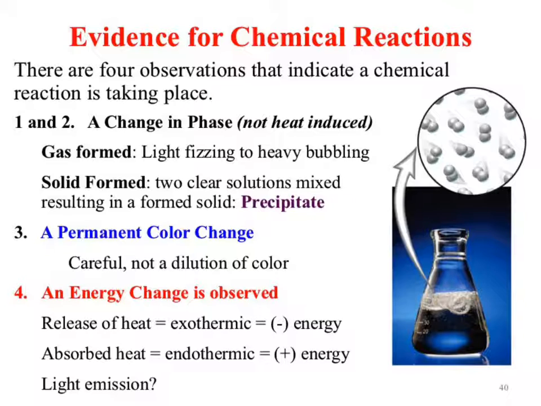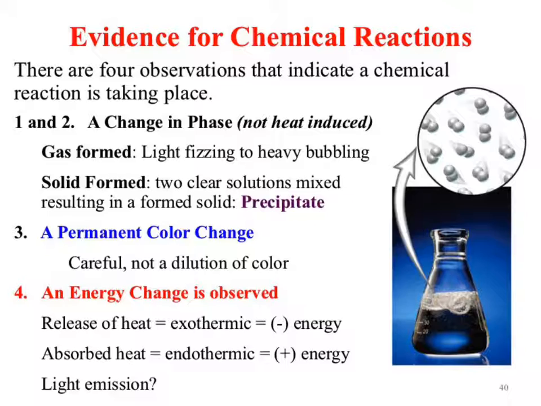Okay, so let's take two liquids. I mix these two liquids and I see a gas. When do I see a liquid transition to a gas? When I heat it. I've taken two liquids and I've mixed them. Have I added heat? No. What's causing the gas? Okay.